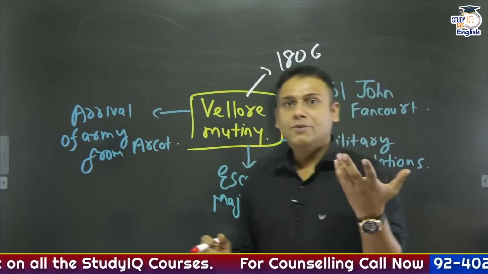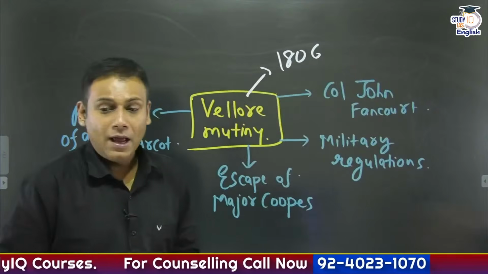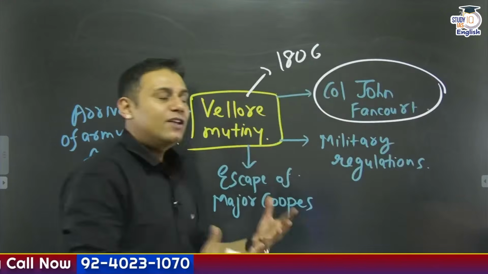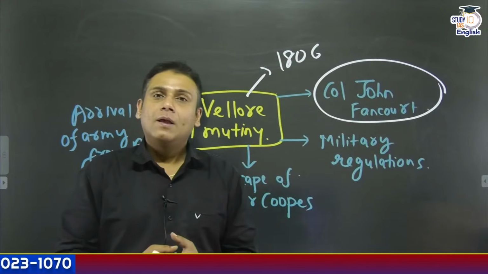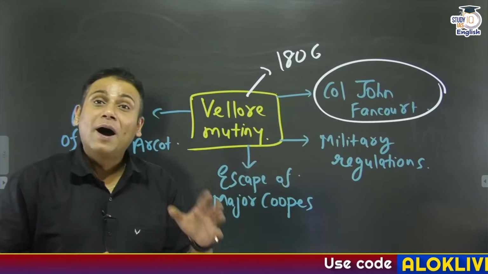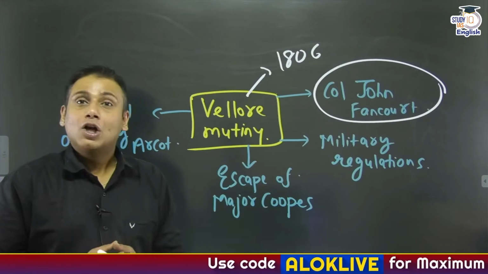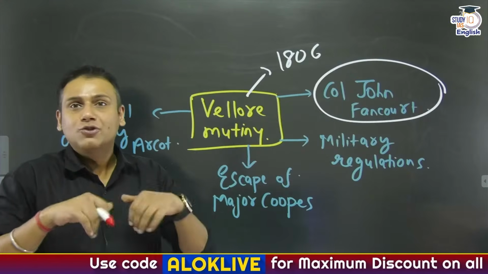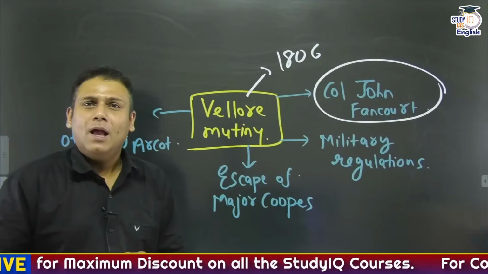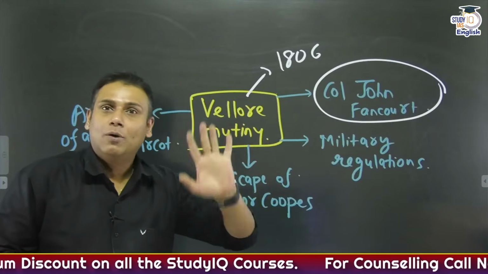And this regiment was being commanded specifically by Colonel John Fancourt. At this particular point of time, John Cradock and Lord Hodown passed a few orders so that the soldierly appearance of the soldiers could come out. So there were certain dress regulations that were being made.